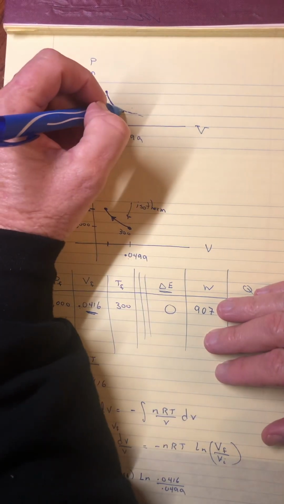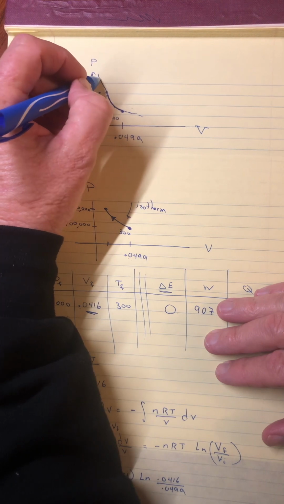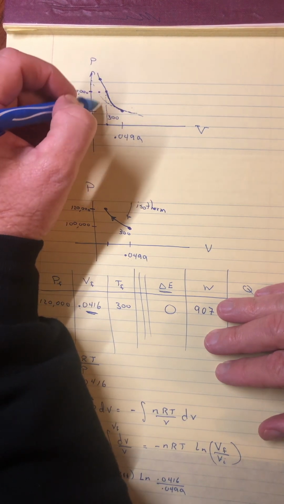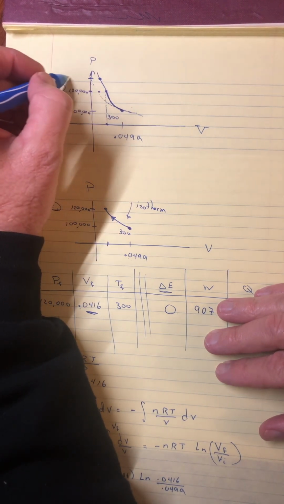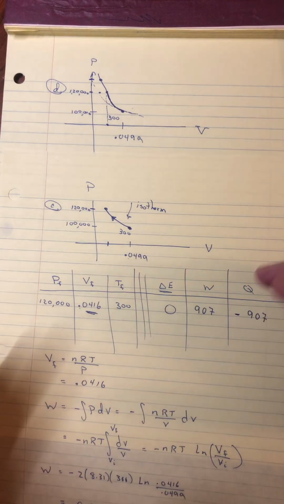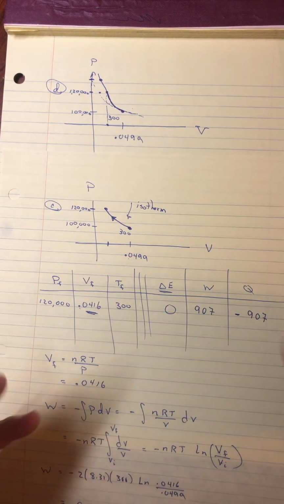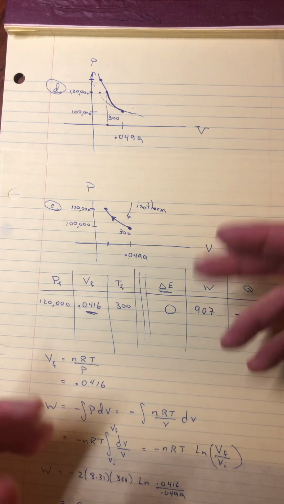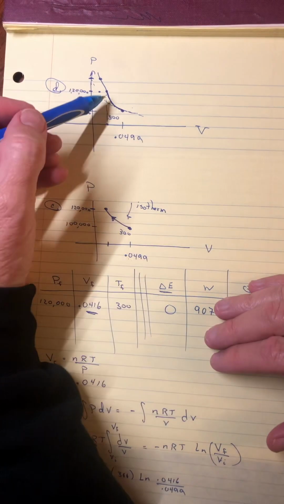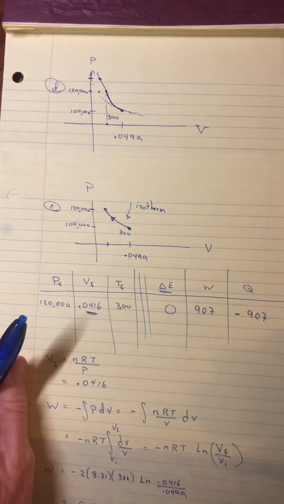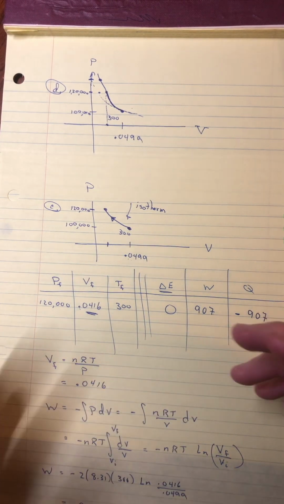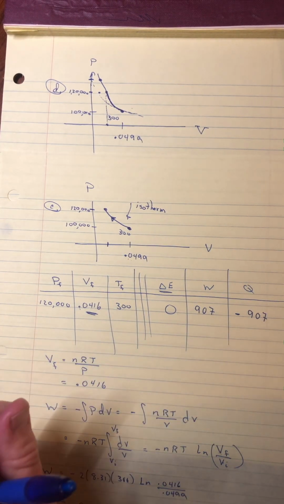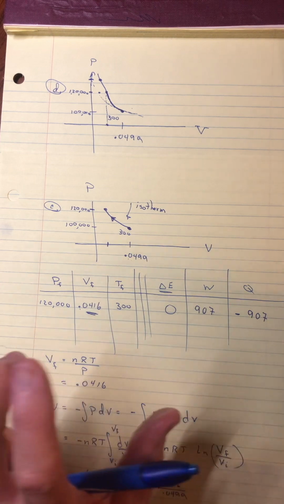In fact, this curve would keep going up, and eventually it would get to that same volume, but at a much higher pressure, because when you shortened the volume and squeezed it, you also warmed up its temperature. So its ending pressure in the adiabatic is going to be higher than the isotherm if you compressed it back to the same volume. So what we're going to do is not go to the same volume.